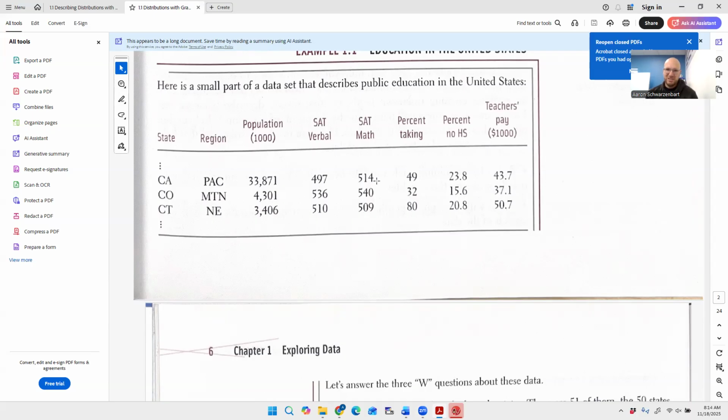You can see their average SAT verbal, average SAT math, the percent of the kids in that state that take the SAT, the percent no high school. I'm not sure what that is. I think that's the percent that don't graduate high school. Or it might be the percentage of population that doesn't have a high school diploma. And the teacher's pay. And we can analyze all different kinds of things about this data.